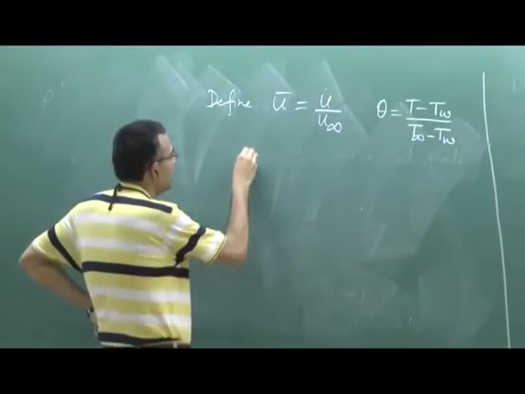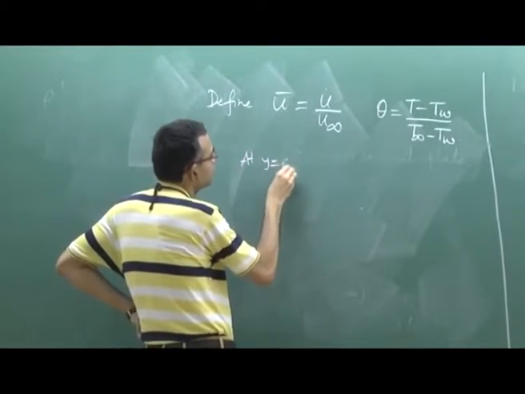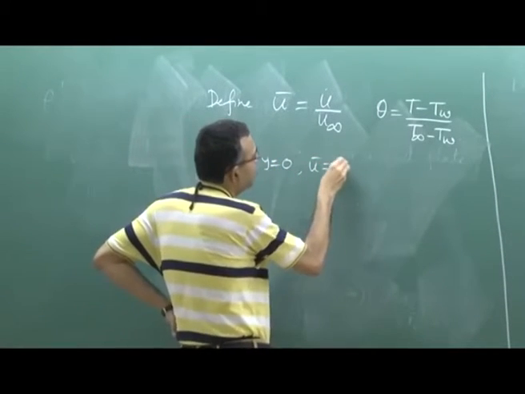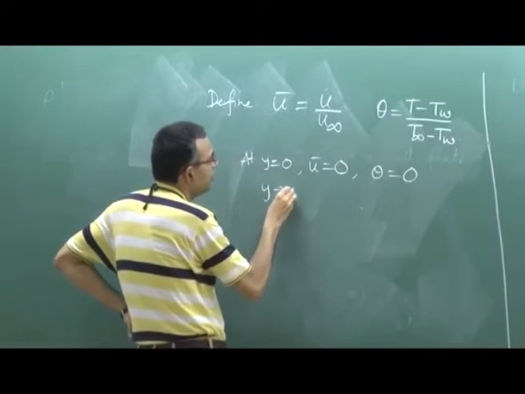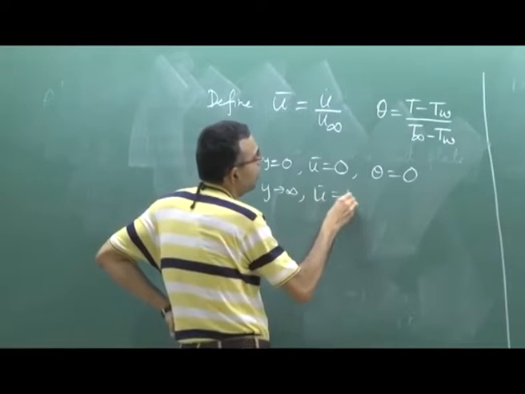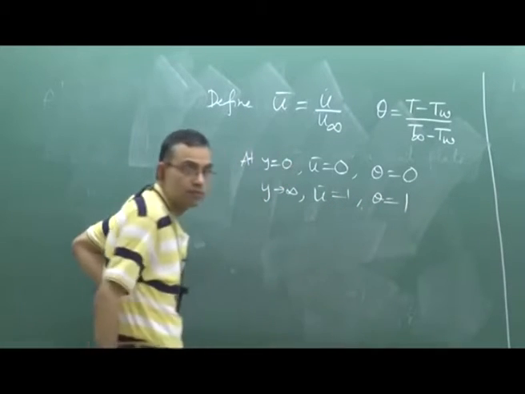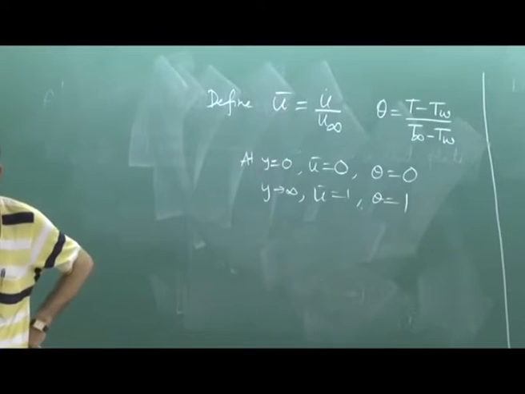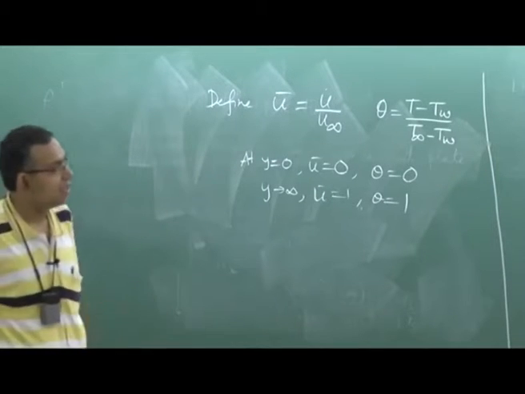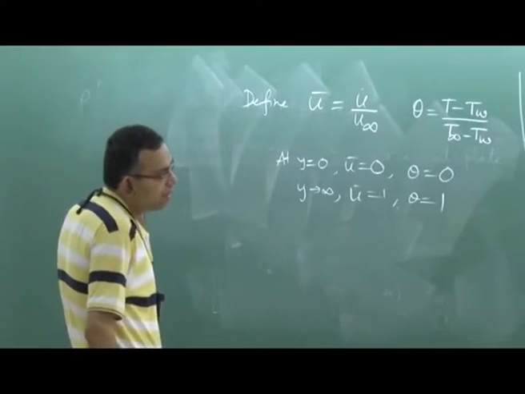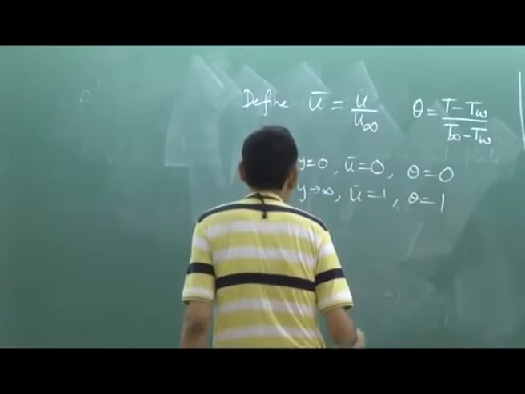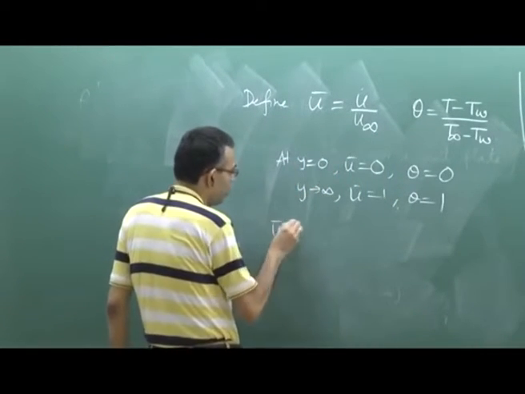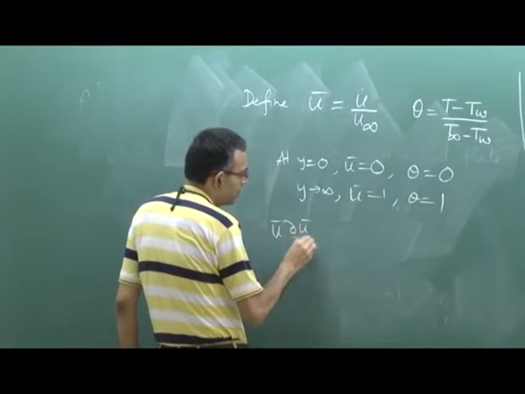So now the boundary condition at y equal to 0, U bar equal to 0 and theta equal to 0, at y tends to infinity, U bar equal to 1 and theta equal to 1. And if you cast that equation, this is a very small exercise but I will leave it to you, you can just show that this equation will boil down to U bar del x.